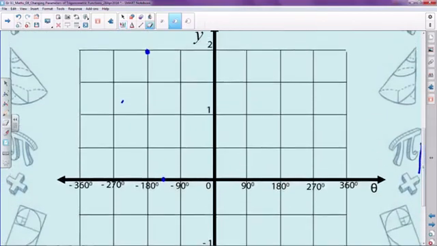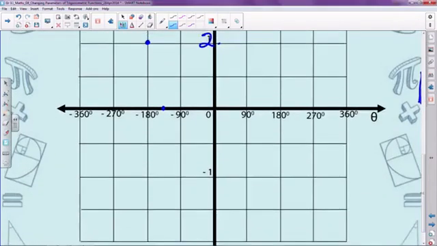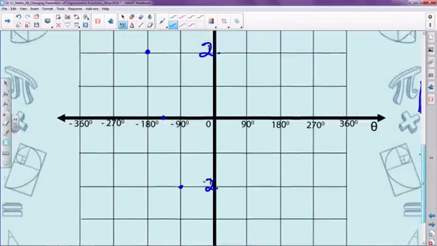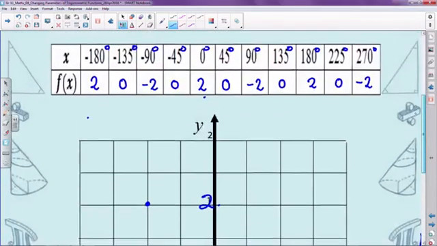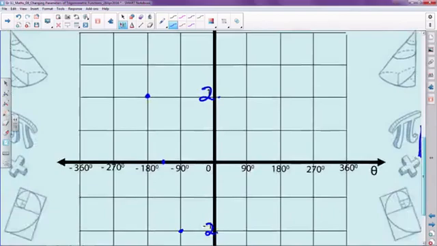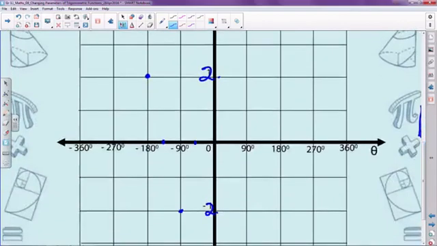Guys, you know what? Let's do this. The scale is too much. Let's say this is 2. So this goes there. And then that is also minus 2. So minus 90 and minus 2. And then minus 45 and 0.